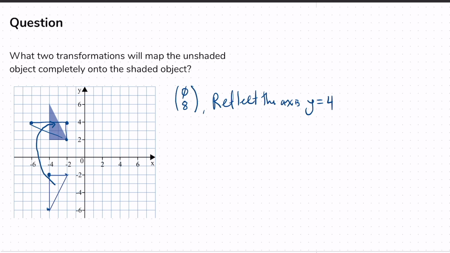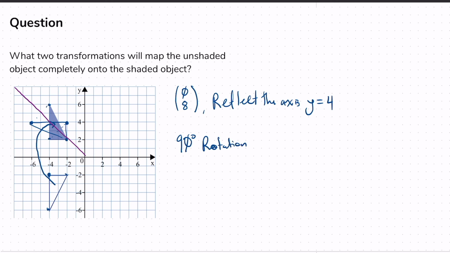Now the problem with this is we're close, but not close enough. This is right, but I need to move this one to here, and this one over to here. Maybe some of you can see it, but we have this axis here. And what's that axis called? Well, our first movement was a 90-degree rotation.